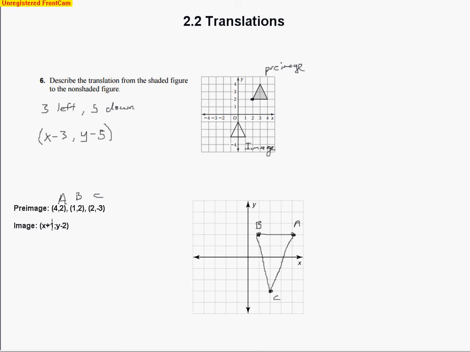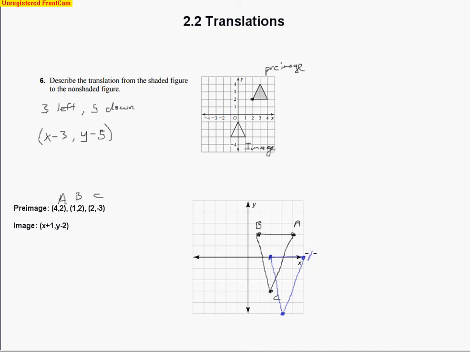So 1 right, 2 down. I have a new point there, so I'm going to change the color a little bit so I can see that. And then for C, same thing, 1 space right, 2 spaces down, so it just fits. And so this would be my new image.